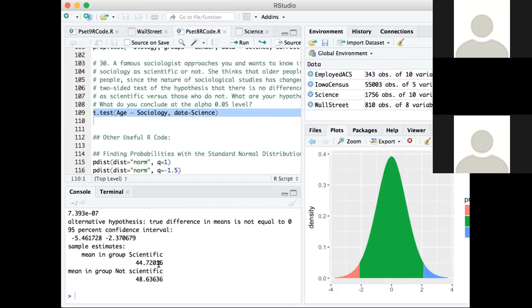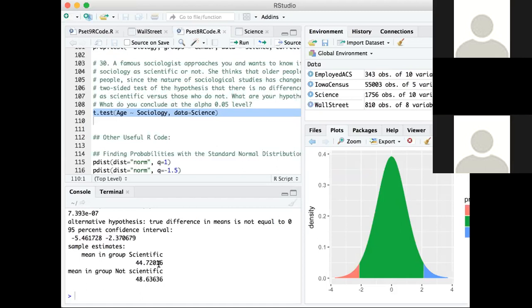So if we go back to Viola's hypothesis, where we said the null hypothesis would be the mean age in the group of scientific subtracting out the mean in the group that's non-scientific will be equal to 0, and the alternate hypothesis would be that it's not equal to 0, then we can come up with our point estimate for this test, right?